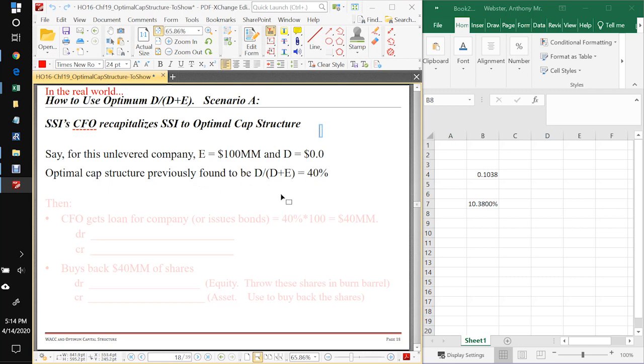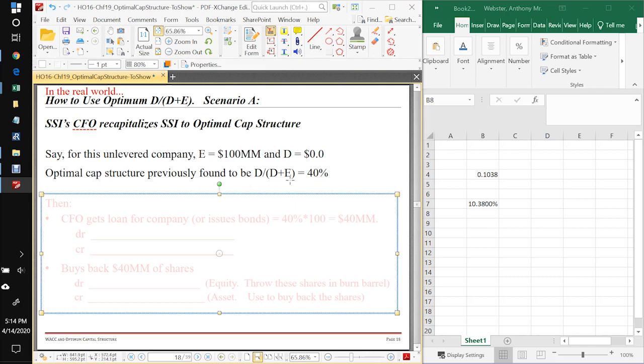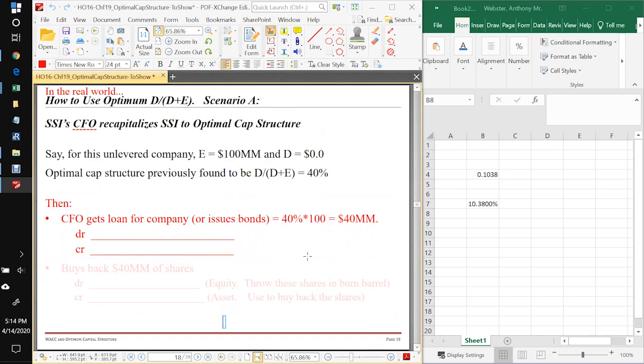So what's she going to do? If she wants to recapitalize the company to move it into the optimum capital structure, she's going to have to do some accounting stuff. Oh my God, you thought you had finally gotten over accounting. You never get over accounting in finance, okay? So how could she do this?